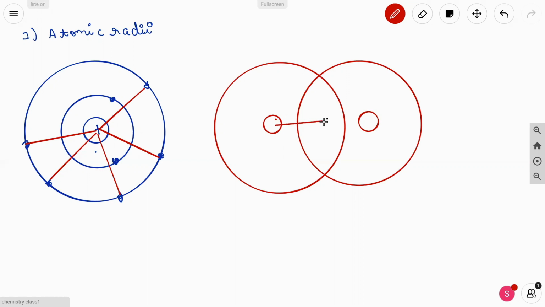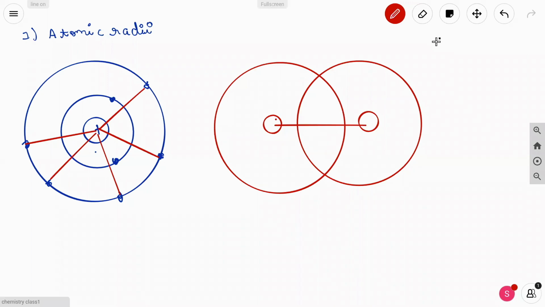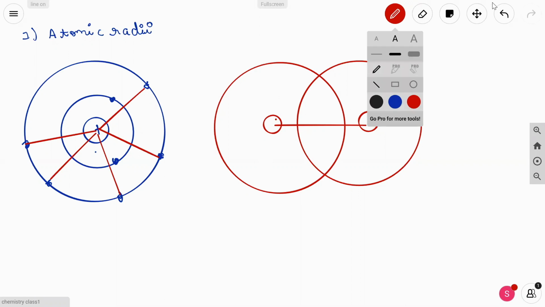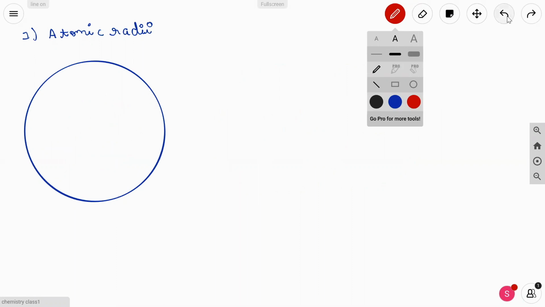The distance between the two nuclei is called the atomic radius. This is called the covalent radius. This is a little bit out of syllabus, but I'm telling you to make it easier to understand.